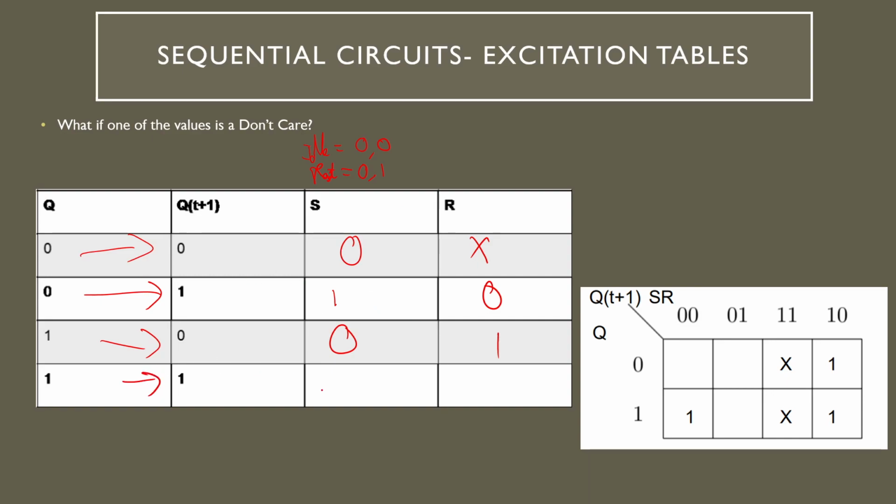And same goes for the logic to go 1 to 1. So now S becomes the don't care. How do you reflect this? Well, when you swap the values in the table, you will now get this table.